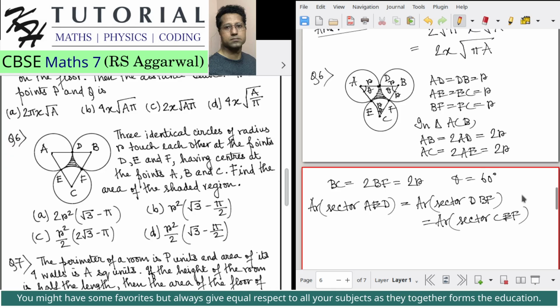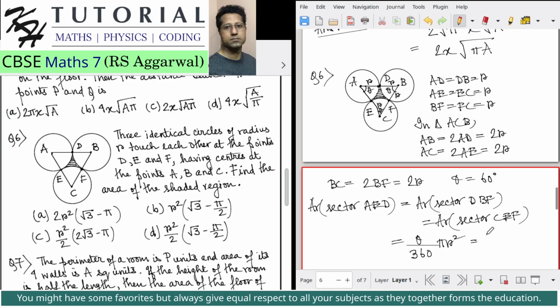And what will be the area of all these three identical sectors? It will be equal to theta by 360, where theta is the central angle of all these three sectors, which is equal to 60 degrees, multiplied by pi r square.